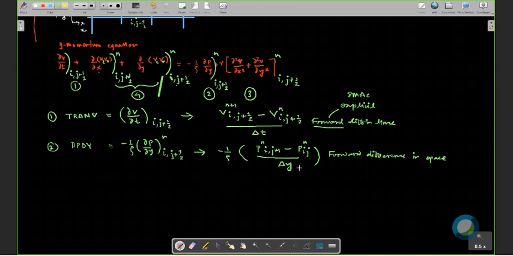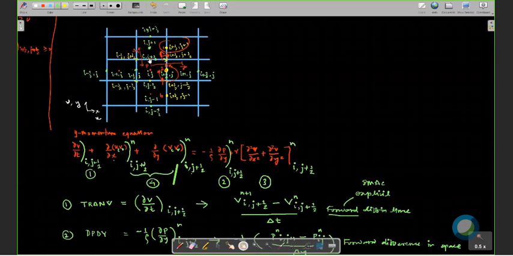So okay. Next is this third term. Here the first term you can say is d2v dx2, and you can calculate it as d2v dx2. Now you can use central difference here. Once you use central difference, what are the points you are going to take?